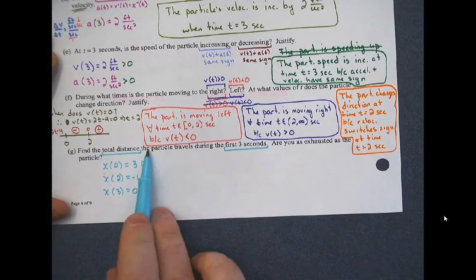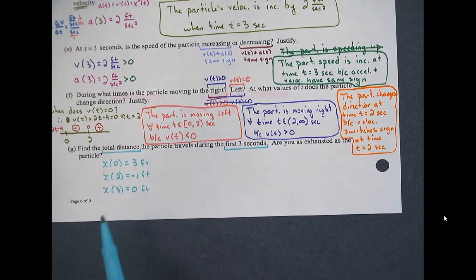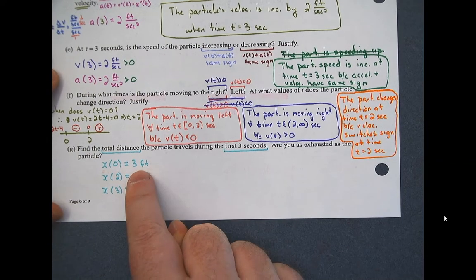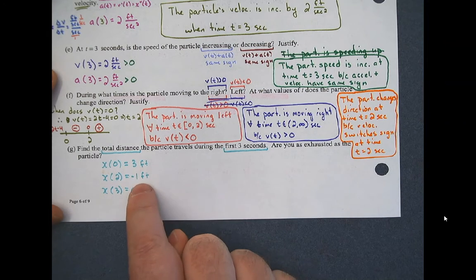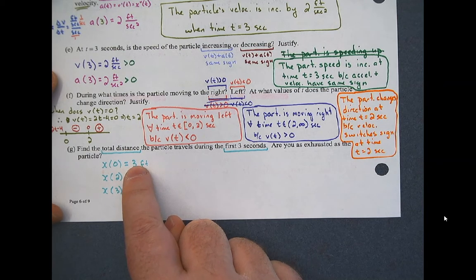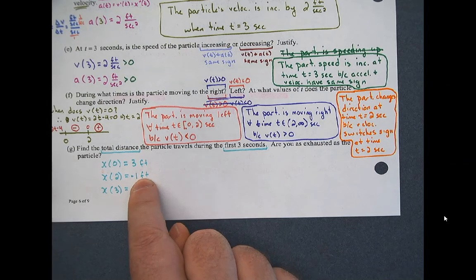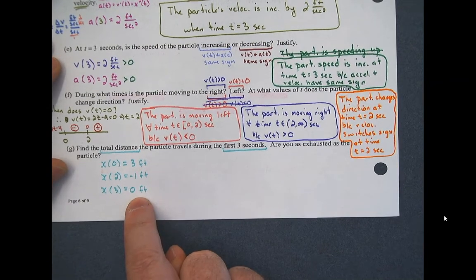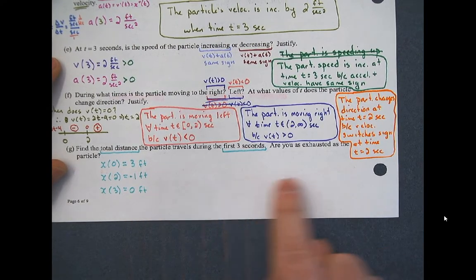Now, these numbers represent the position that our particle is at. Our particle at time 0 is 3 feet to the right. At time 2, our particle is 1 foot to the left of 0. Let me try again. This is 3 feet to the right of 0. This is 1 foot to the left of 0, and this one is actually at 0 feet on our horizontal line.